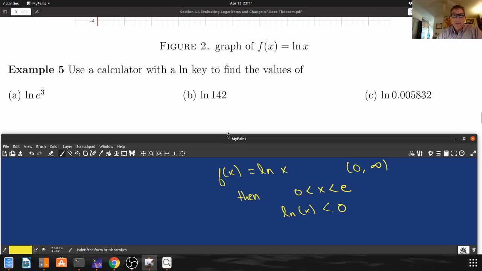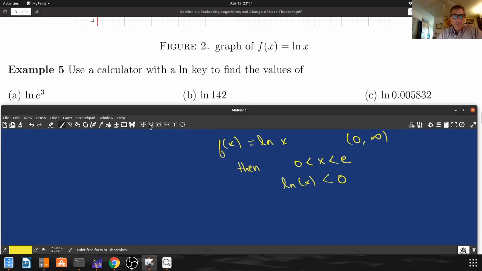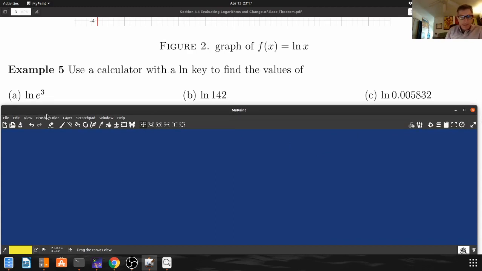So we're not going to use a calculator to find this first one. Looking at example 5, we're going to use our mathematical knowledge. So we want to find the natural log of e cubed. So we want to know what the value of x is.